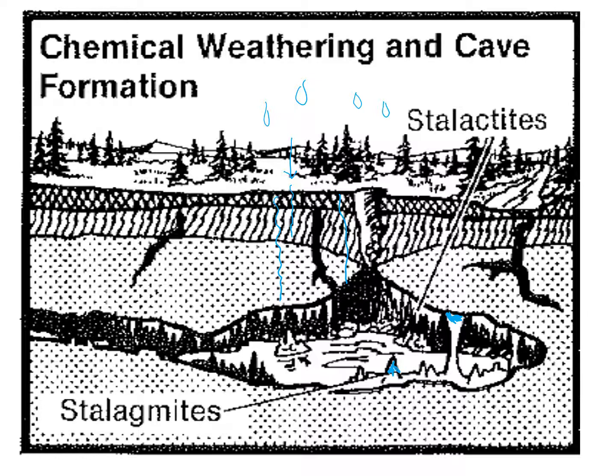The stuff on the top are called stalactites, and the way that you can remember that is they hold on tight to the ceiling. So right here I've got some stalactites, and then stalagmites are the ones that are on the bottom. And if enough time goes by, then you can have what are called columns made.